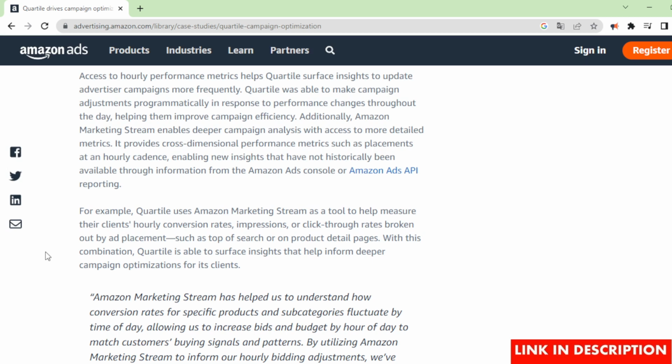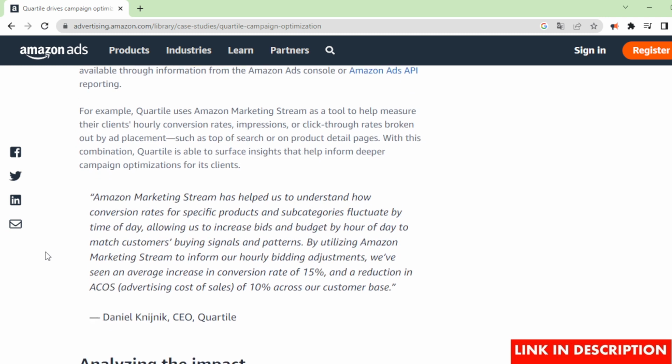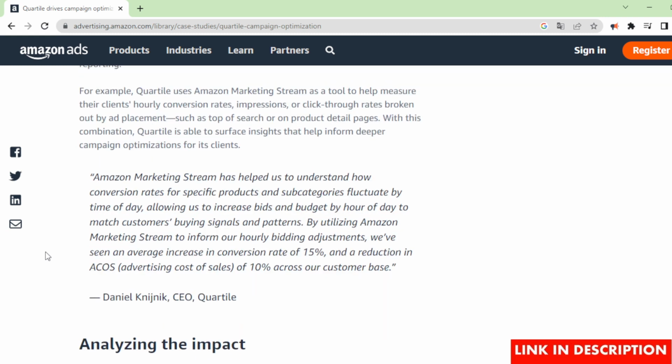For example, Quartile uses Amazon Marketing Stream as a tool to help measure their clients' hourly conversion rates, impressions, or click-through rates broken out by ad placement, such as top of search or on product detail pages. With this combination, Quartile is able to surface insights that help inform deeper campaign optimizations for its clients.